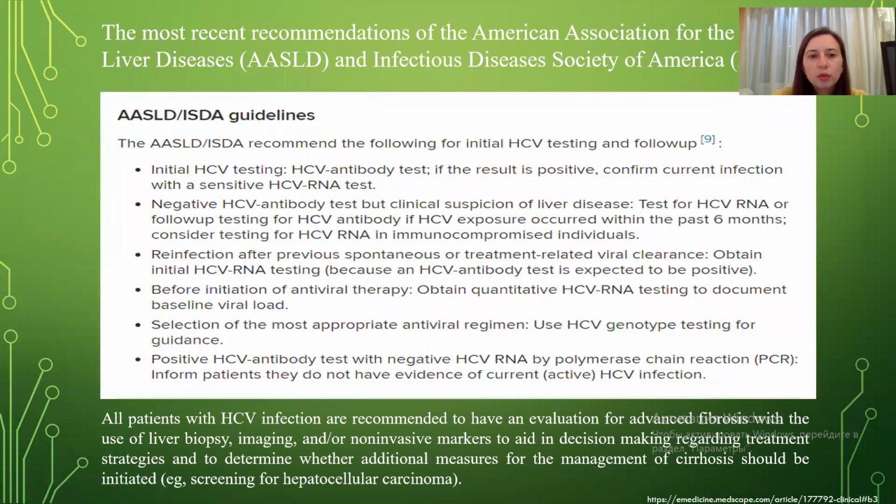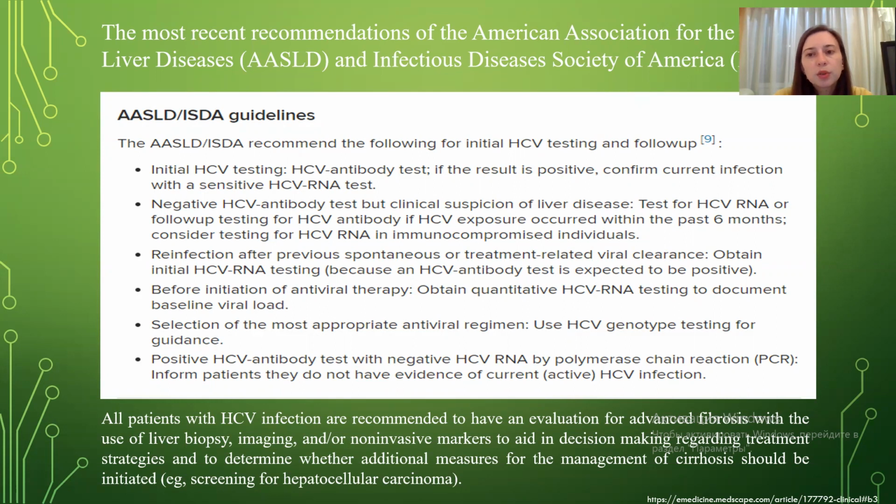And the most recent recommendations of the American Association for the Study of Liver Diseases and the Infectious Diseases Society of America. These guidelines recommend the following for initial HCV testing and follow-up. Initial HCV testing: HCV antibody test.